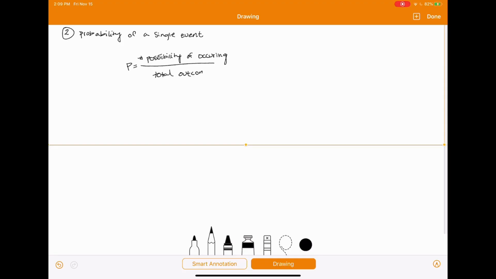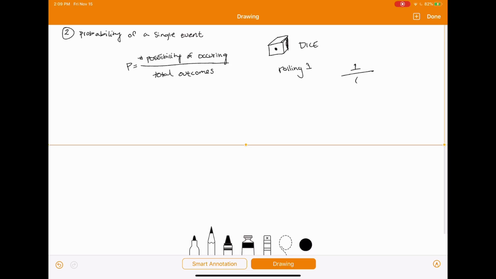And so something we can use for this is just the example of a dice. All right, so if we want to find the probability of rolling a 1 on the dice, the number of possibilities of occurring would be 1, because there's only one side that has a 1, divided by total possible outcomes.